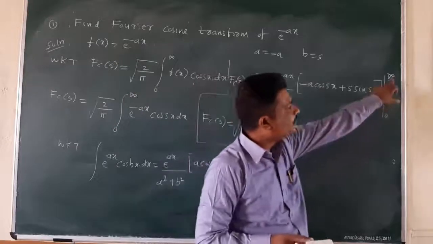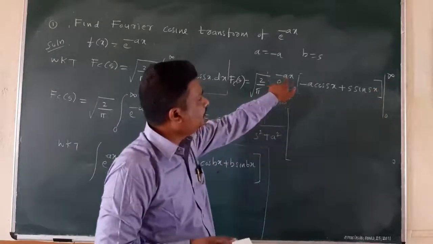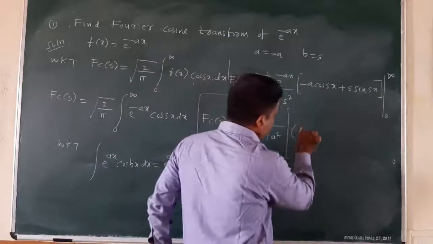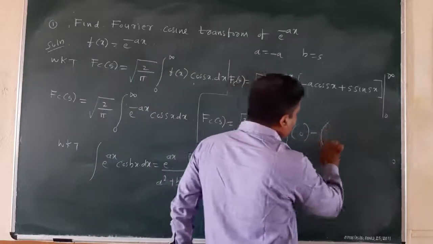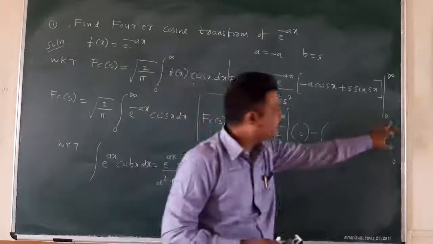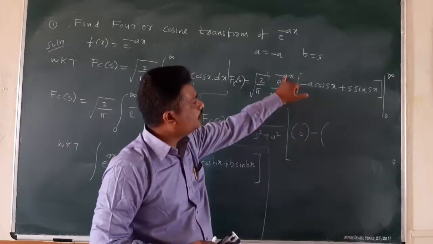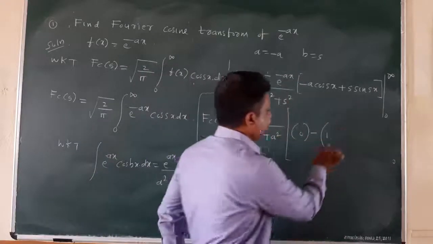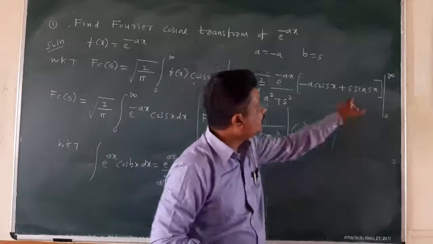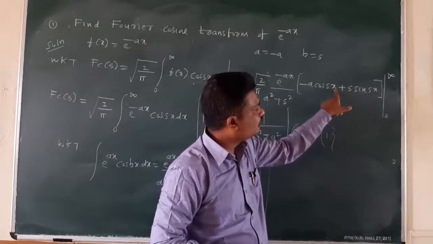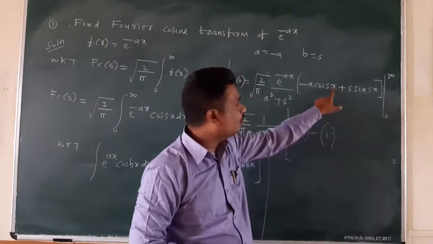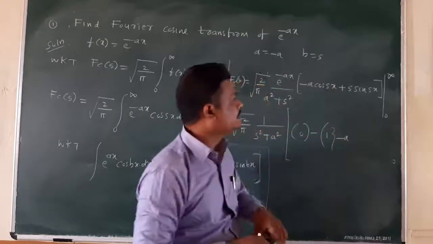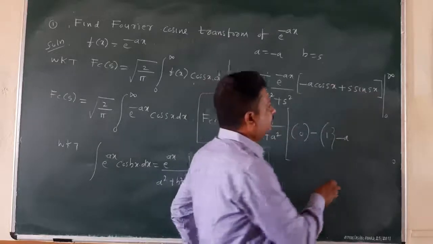Here the upper limit is infinity, a into infinity is infinity, e to the power of minus infinity value is 0. Minus the lower limit, which is 0: x is 0, a into 0 is 0, e to the power of 0 is 1, into, I will put here x equal to 0, s into 0 is 0, cos 0 value is 1, so the remaining is minus a, and sin 0 value is 0.